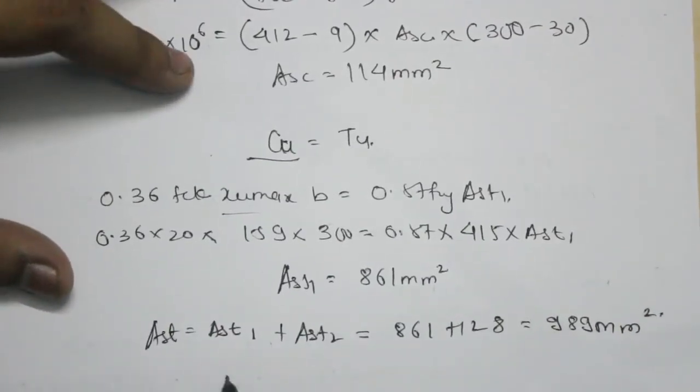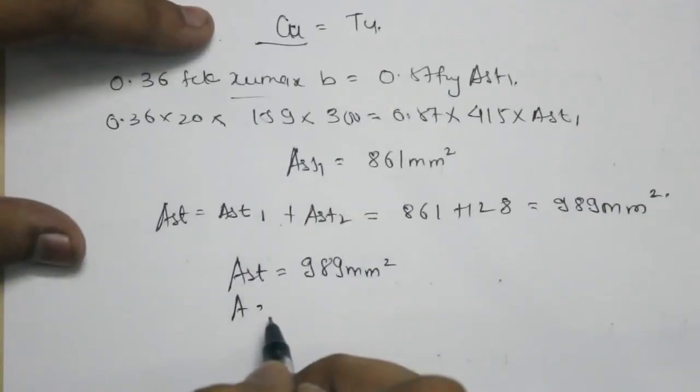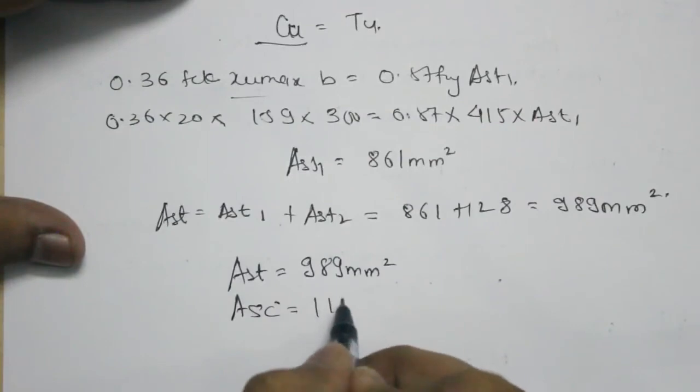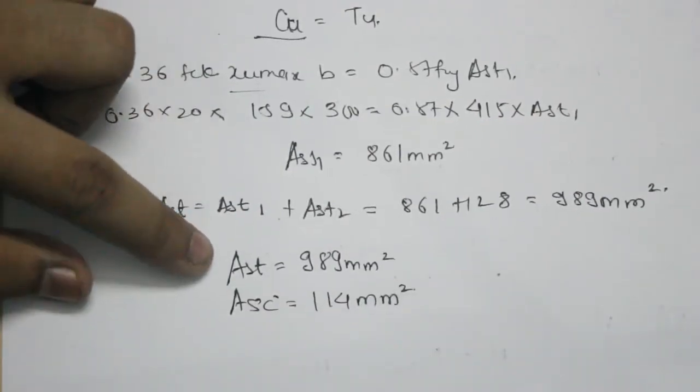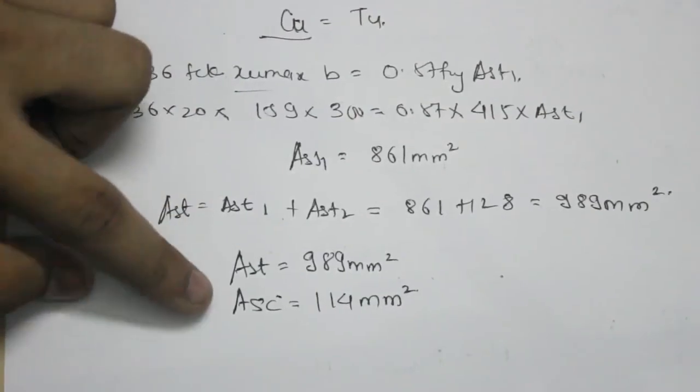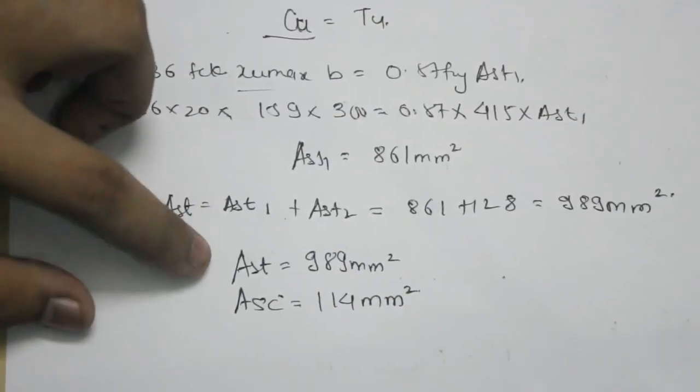So after solving all this, we got AST as 989 mm square and ASC as 114 mm square. So this steel will be provided on the tension side, and this steel will be provided on the compression side.